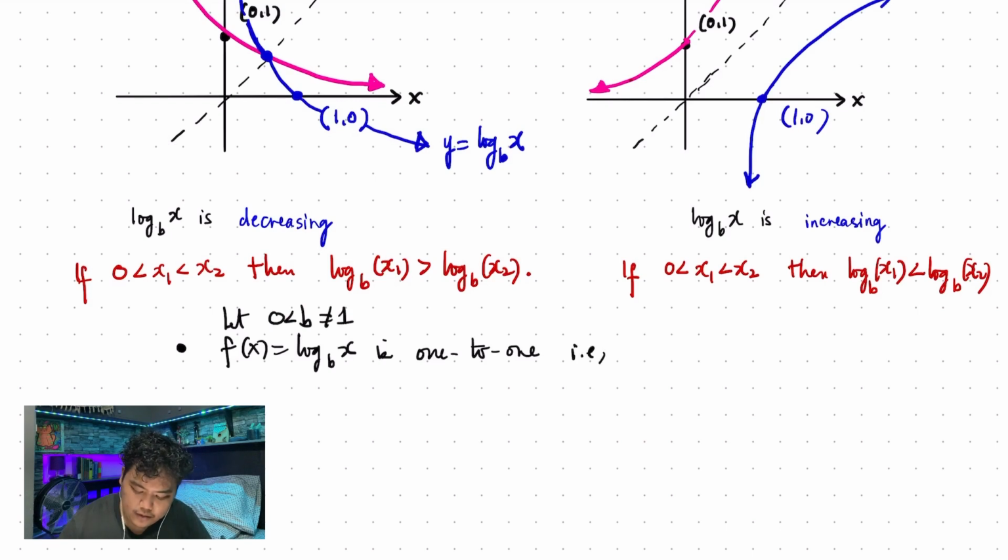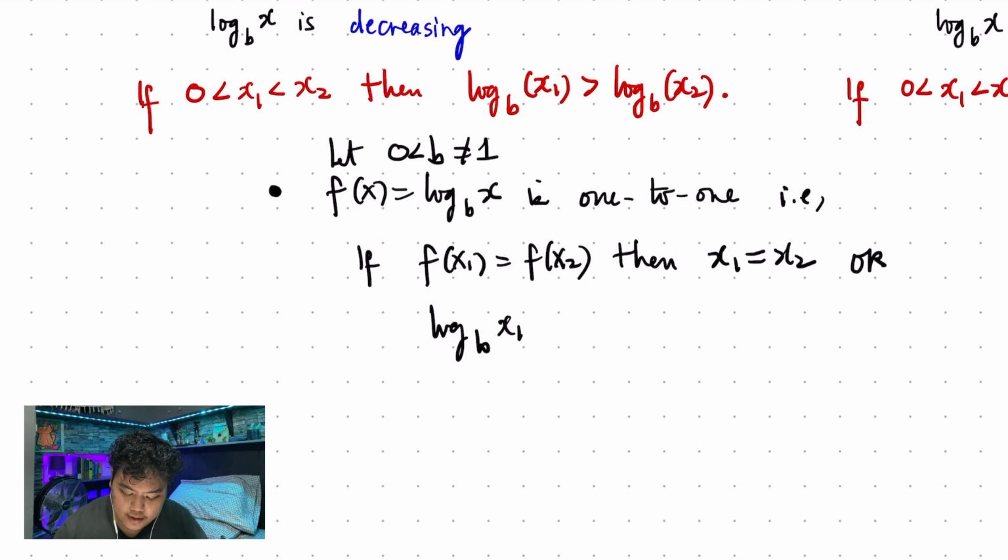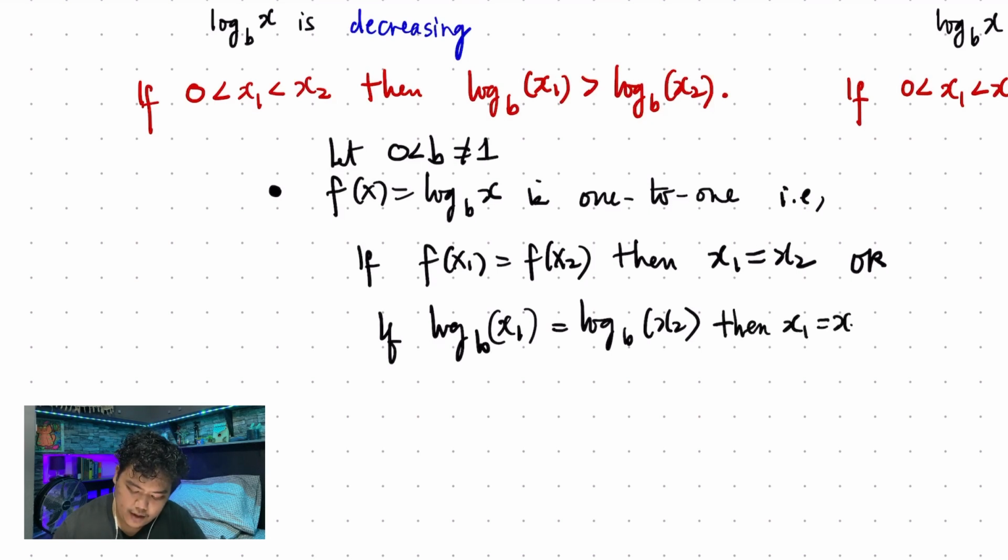Ano ibig sabihin ng 1 to 1? If f of x1 is equal to f of x2, then x1 is equal to x2. Or log base b ni x1 equal to log base b ni x2 implies x1 equal to x2.